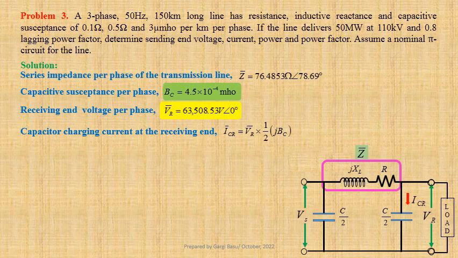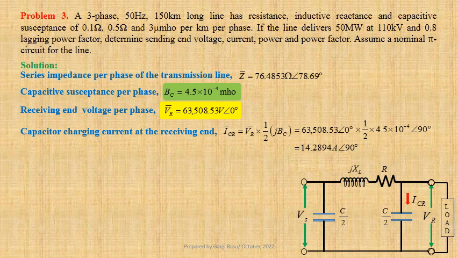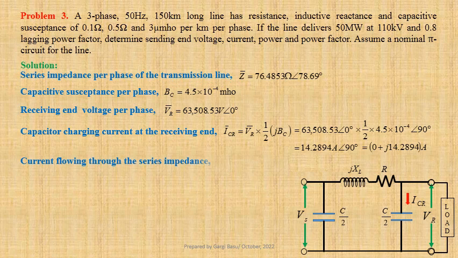Using values we get ICR equals 63,508.53 at an angle 0 degree into half of 4.5 into 10 to the power minus 4 at an angle 90 degree. That gives us 14.2894 ampere at an angle 90 degree. This may be written in Cartesian form as 0 plus J times 14.2894 ampere.